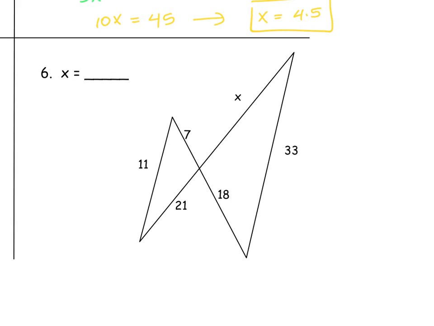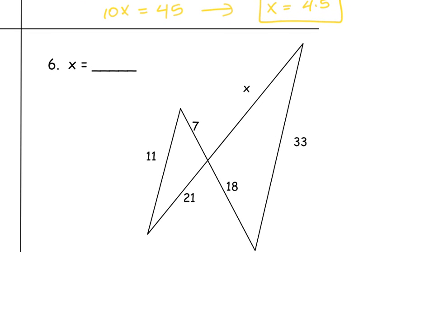Now pause the video and try number 6 on your own. Now let's try number 6. So 7 over 18 is equal to 21 over x. Or you could have said 11 over 33 equals 21 over x. Since they gave me different values, I can choose which proportions to use since they gave me all 3 of them.